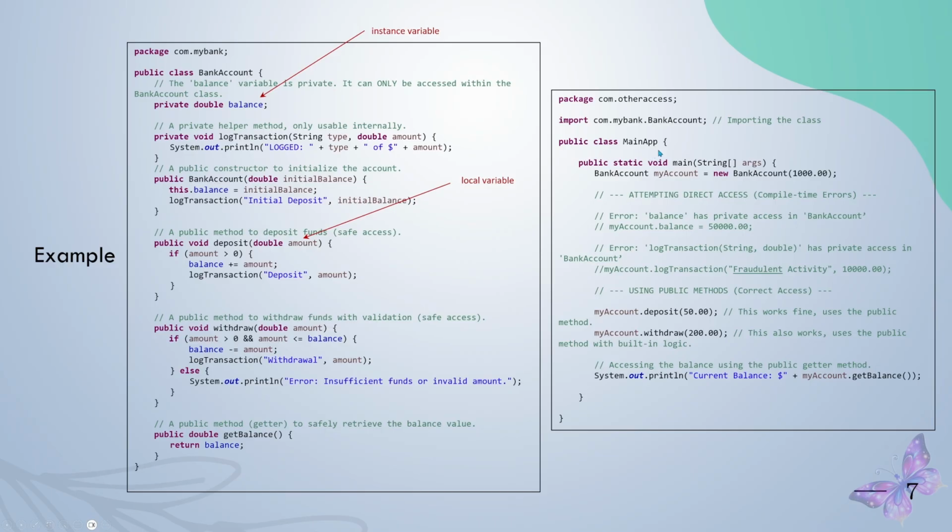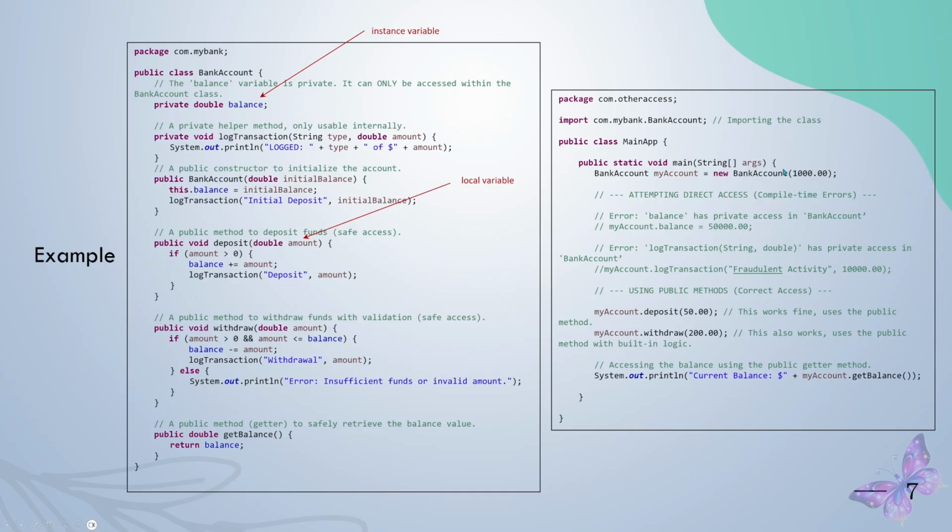So here we create MyMainApp as the main class, and it is also a public class. Then we write public static void main, and we will learn how this works.